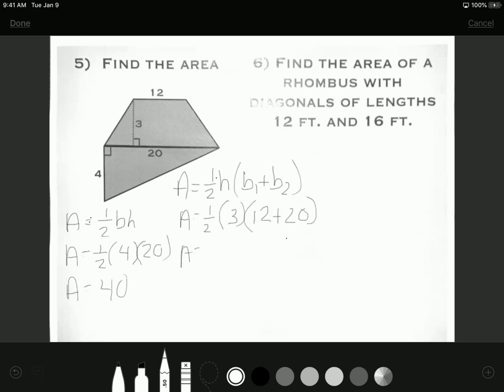So we have half of 3 times 32. Well, half of 32 is 16, and 16 times 3 is 48. So you get 48 for our trapezoid. And then we just take 40 plus 48, and we get 88 units squared.